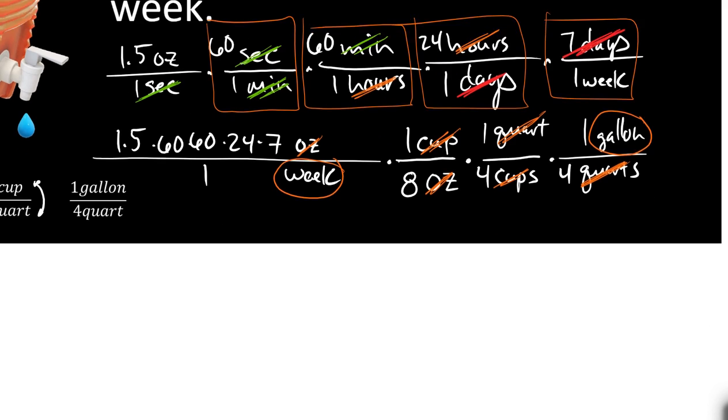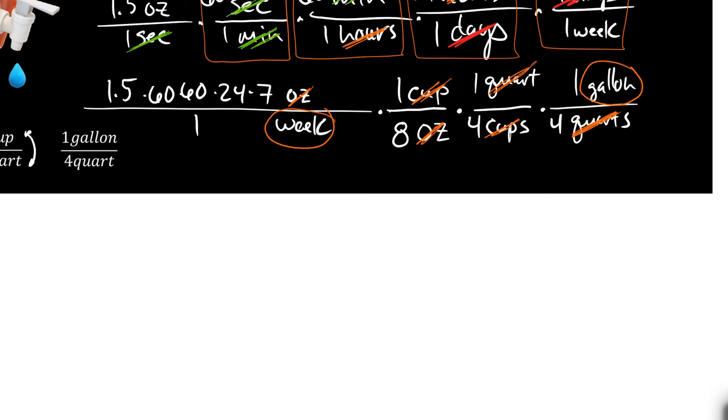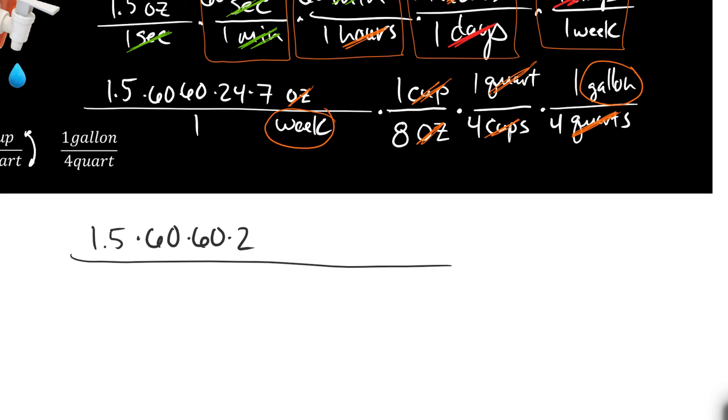So let me just bring this up a little bit more. And in the space provided, let me rewrite out this problem. So I've got 1.5 times 60 times 60 times 24 times 7. And in my denominator, I have 1, of course, but then I've got times 8 times 4 times 4.